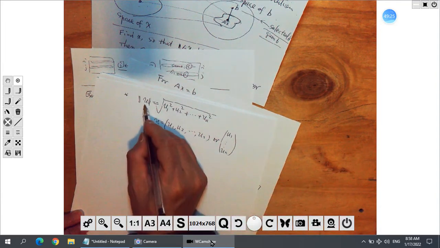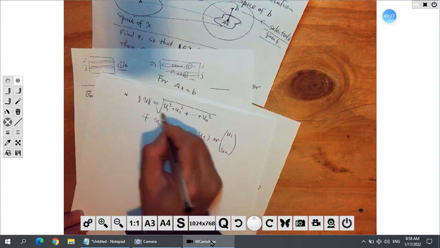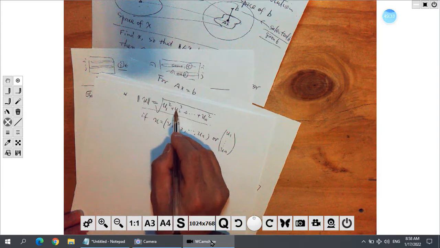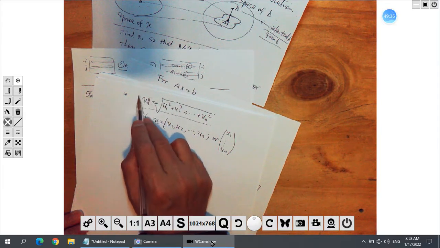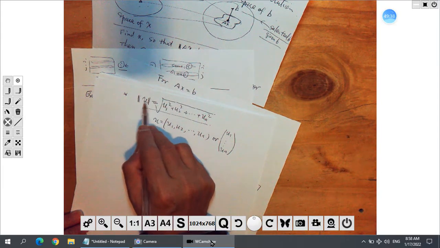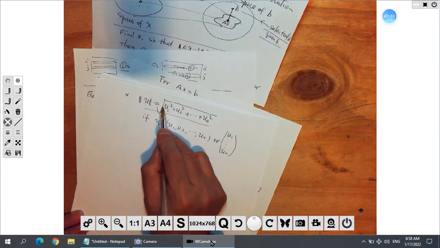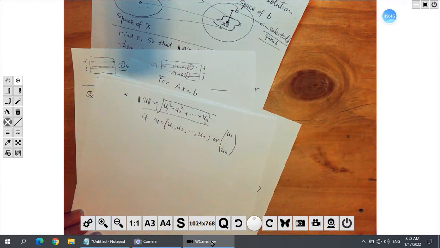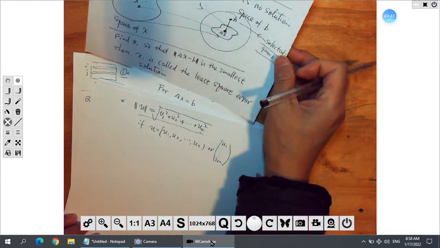If U is a vector U1, U2 until UN, row or column, doesn't matter, then the norm will be this. So you want this to be minimal, meaning you have the smallest value of the summation of the square terms. So here we call this the least square error.